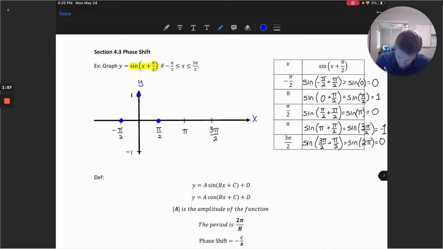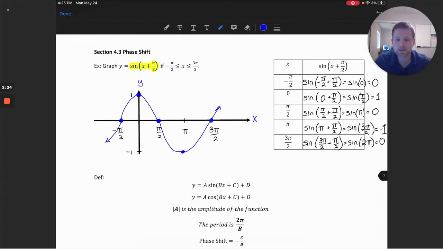So that'll be down here, and then we'll complete the cycle at 3 pi halves where we bring it back up to 0. So this would be our full sine wave over this interval using these points.